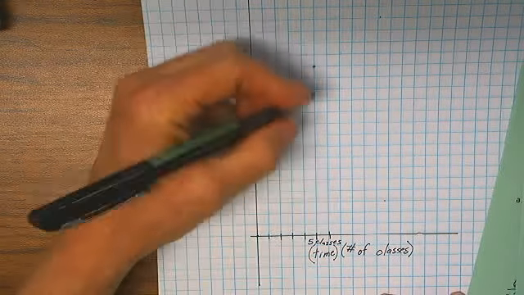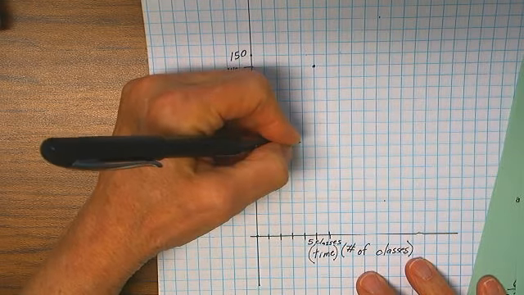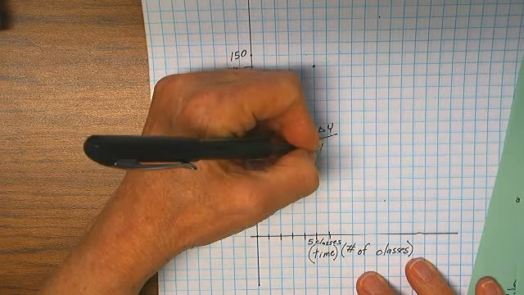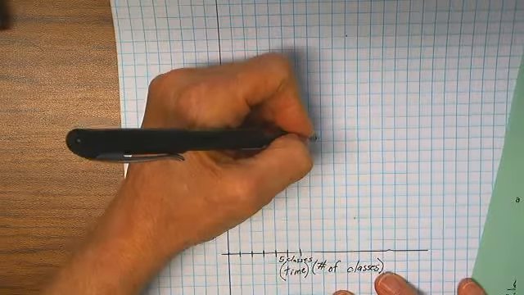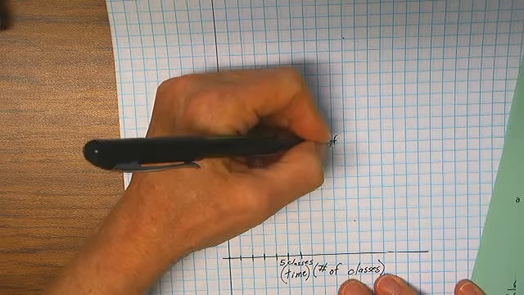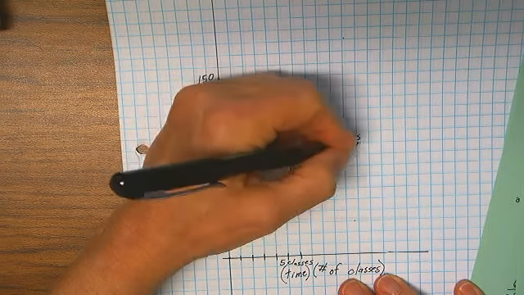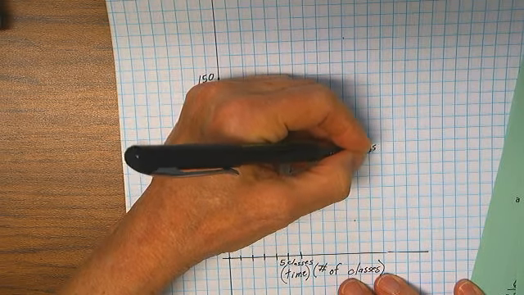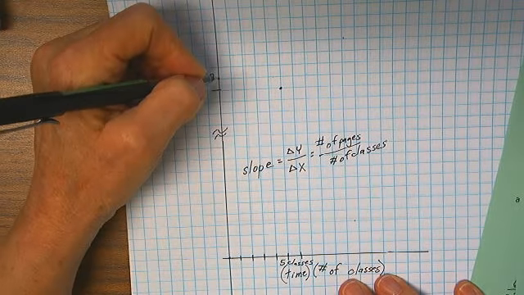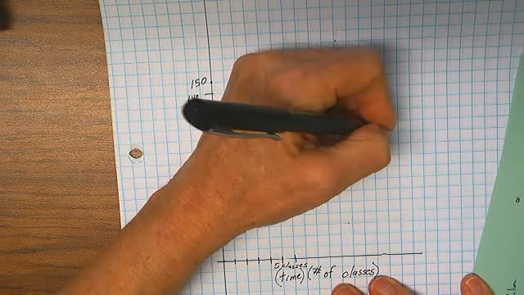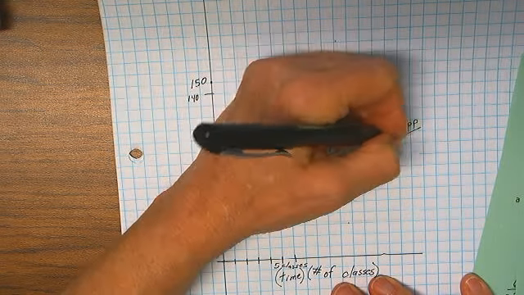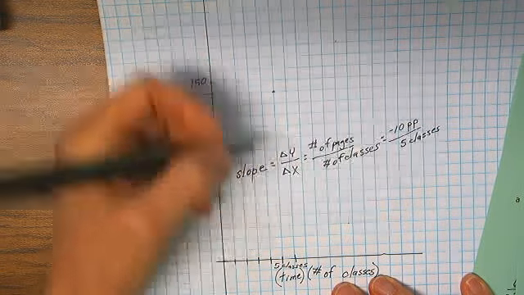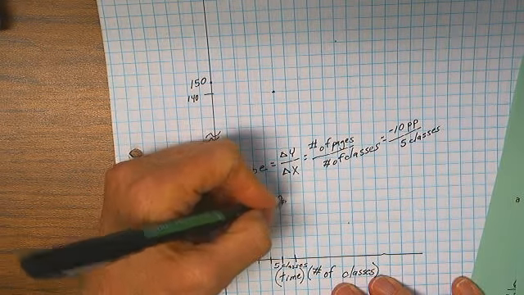What is my slope going to be? My slope is change in y divided by change in x, the number of pages divided by the number of classes, here to here, -10 pages, here to here, 5 classes, my slope will be -2.